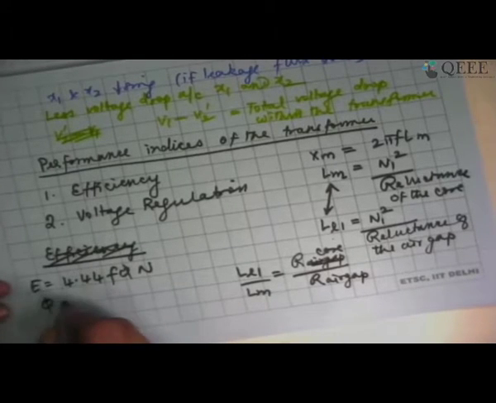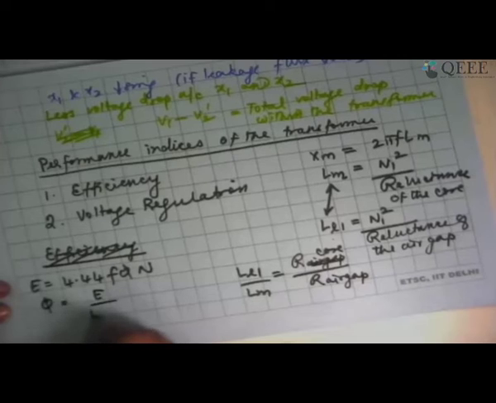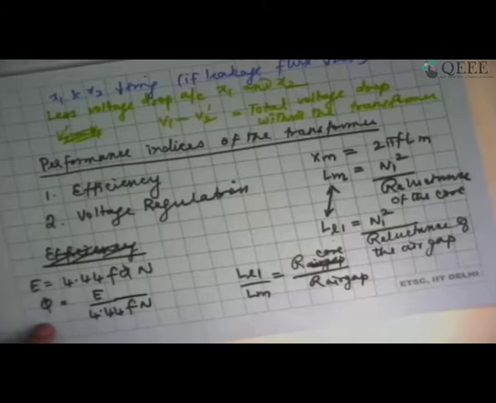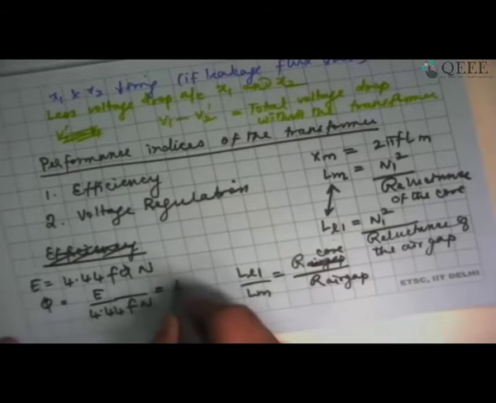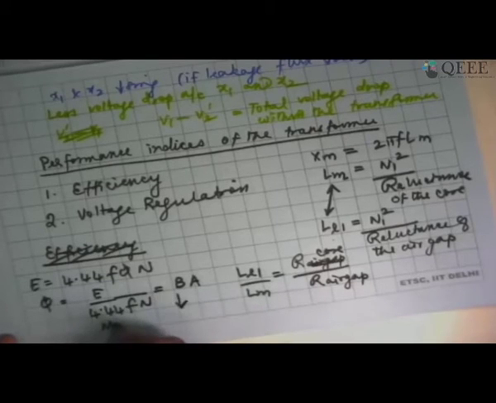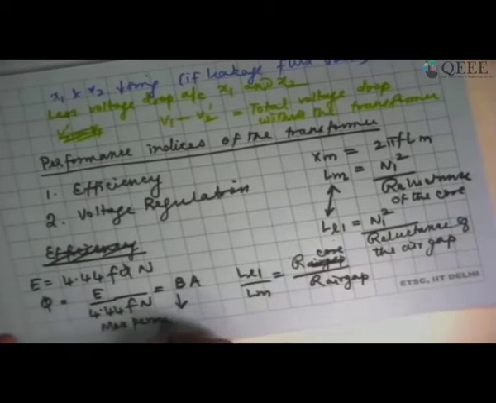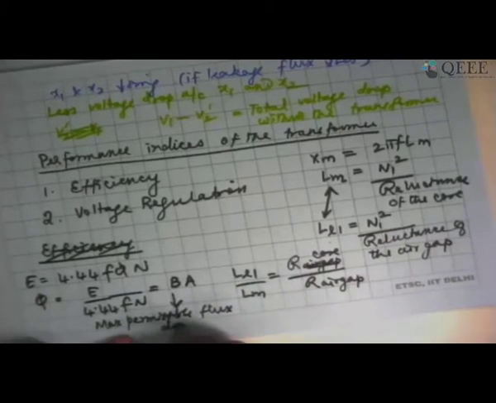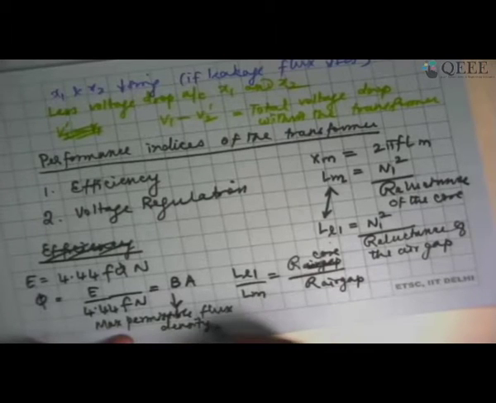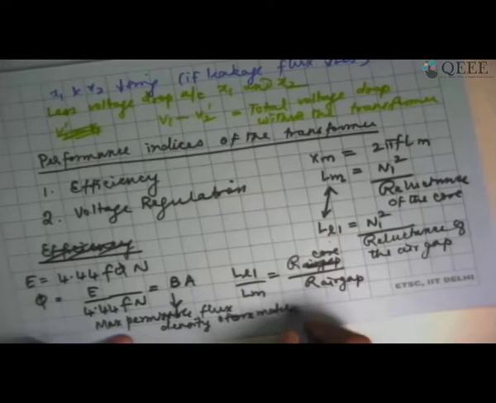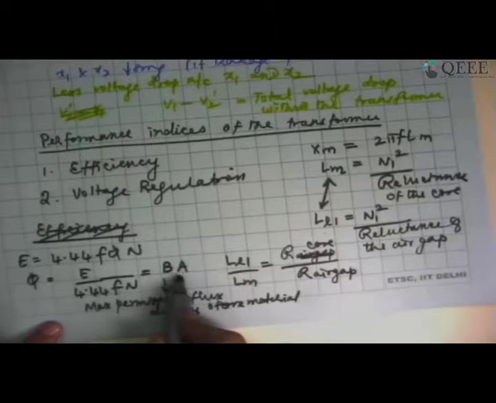So phi is equal to E divided by 4.44 f N. So if I know phi, I can write this as B into A. And B is the maximum permissible flux density of the core material. So if I know the maximum permissible flux density of the core material, from that I would be able to calculate the area of cross section.